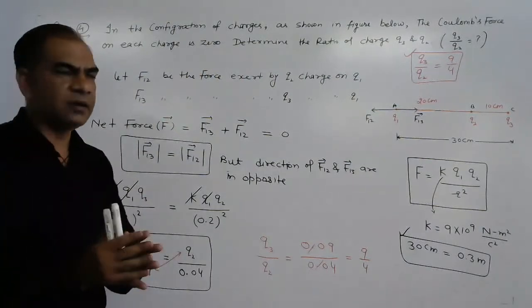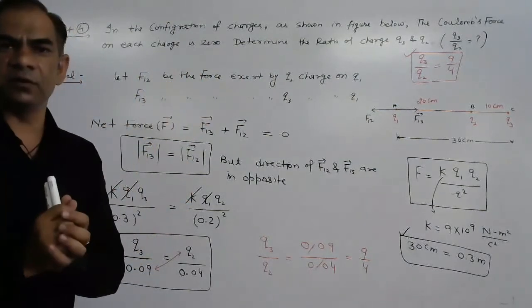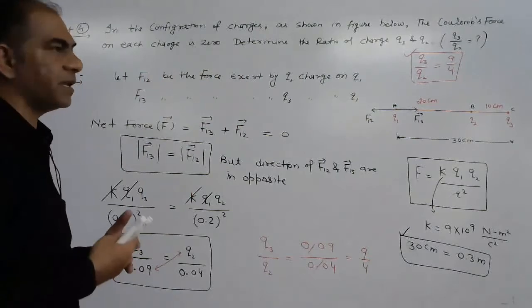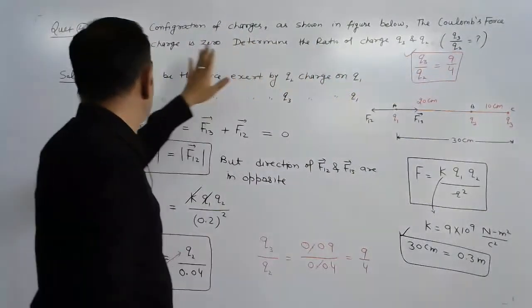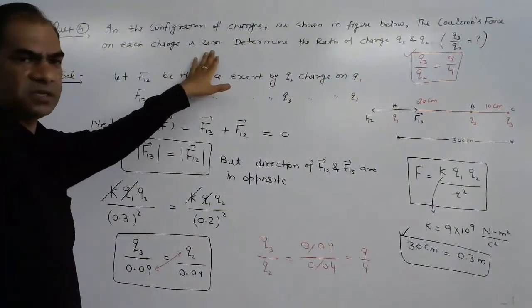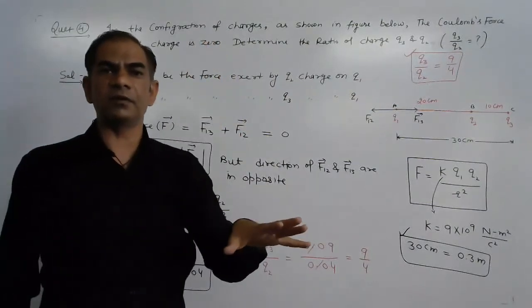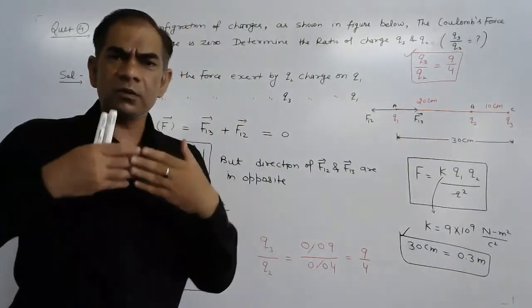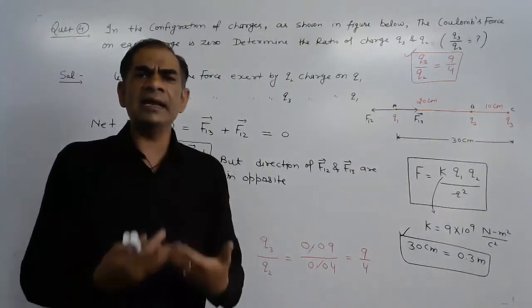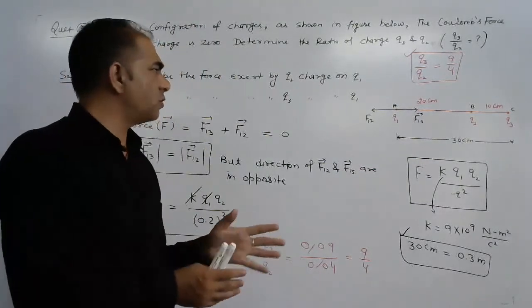First, keep in mind what is asked in the question and what the basic condition is. The basic condition is that the Coulomb force on each charge is 0, meaning the electrostatic force is 0. So first we calculate the force on any one charge.